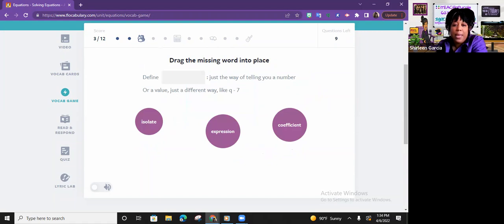Isolate that variable. Define blank, just the way of telling you a number or a value, just a different way, like Q minus 7. There's no equal sign. So is that an isolate, an expression, or a coefficient? Q minus 7 without an equal sign. Q is a variable.